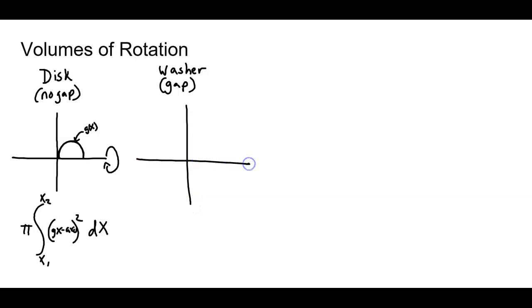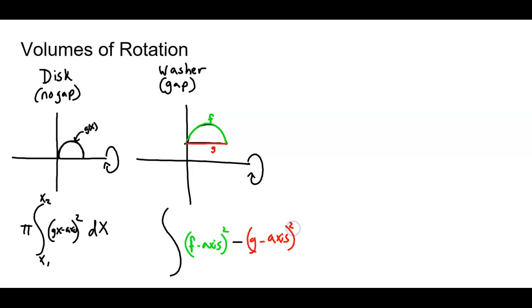So let's say that I want to rotate it around the same axis here, the x-axis, but let's say that my shape was up here now. Well, I'm going to think of this as a new function. We'll call it g, and I'll think of this one up here as another function which we'll call f. Now in those cases, you're going to do the f function minus the axis, squared, minus g minus the axis, squared.